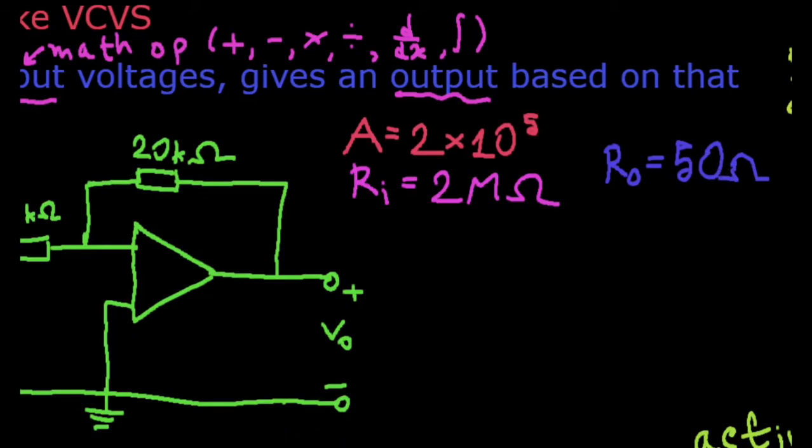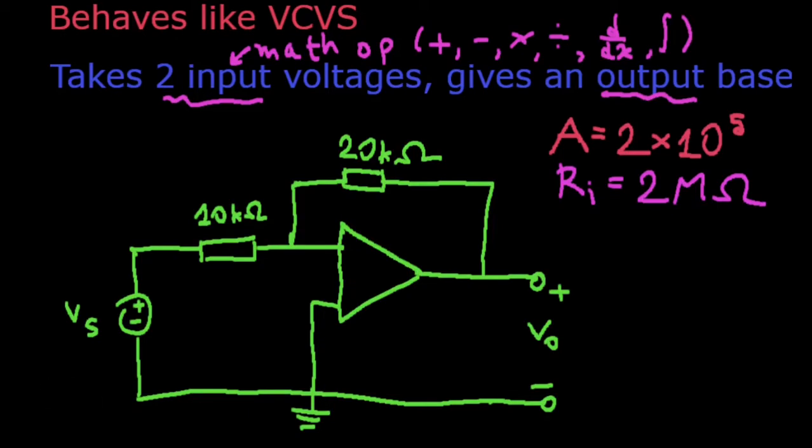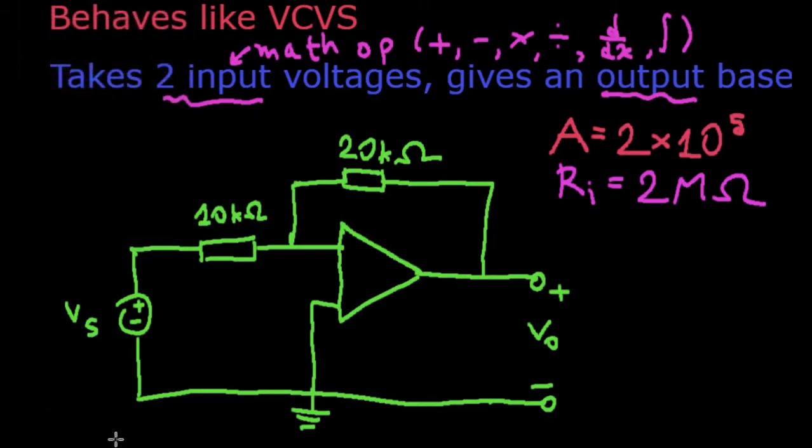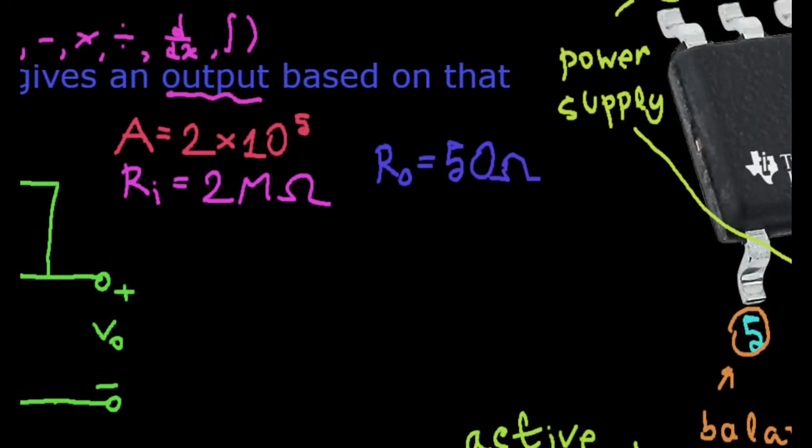the closed loop voltage gain. I'll explain why this is called the closed loop voltage gain a bit later. First, we'll just try to find this ratio.